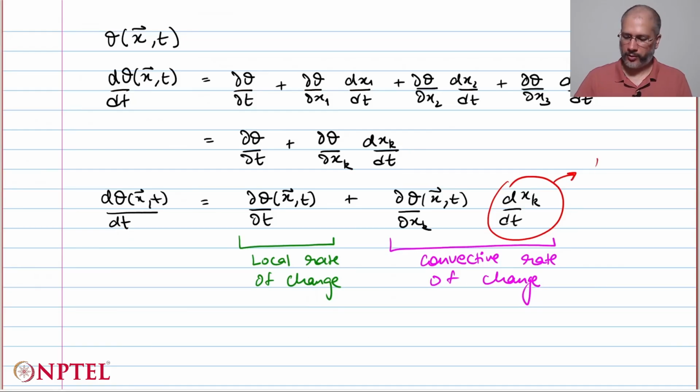So this is due to the flow of the material. And the other part, which is this one, shows the gradient of theta, which is telling us that theta is changing as a function of spatial coordinates. That is, the temperature varying with spatial coordinates. So this is the temperature gradient.